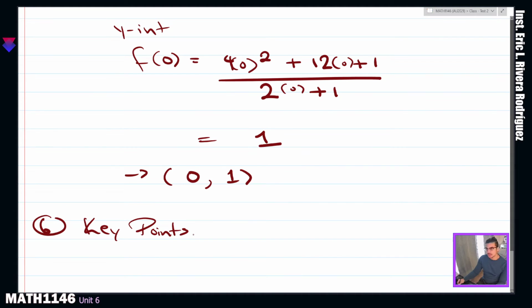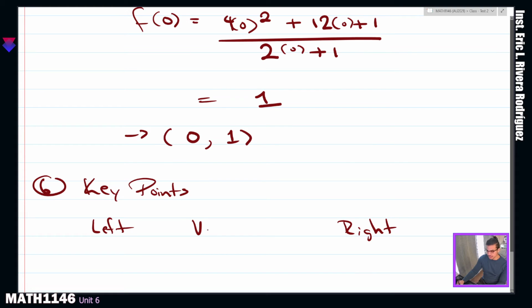So far, we have just one point, which is the y-intercept. We know that we are going to find points to the left side and to the right side because we have just one vertical asymptote. The vertical asymptote is x equal negative 1/2.